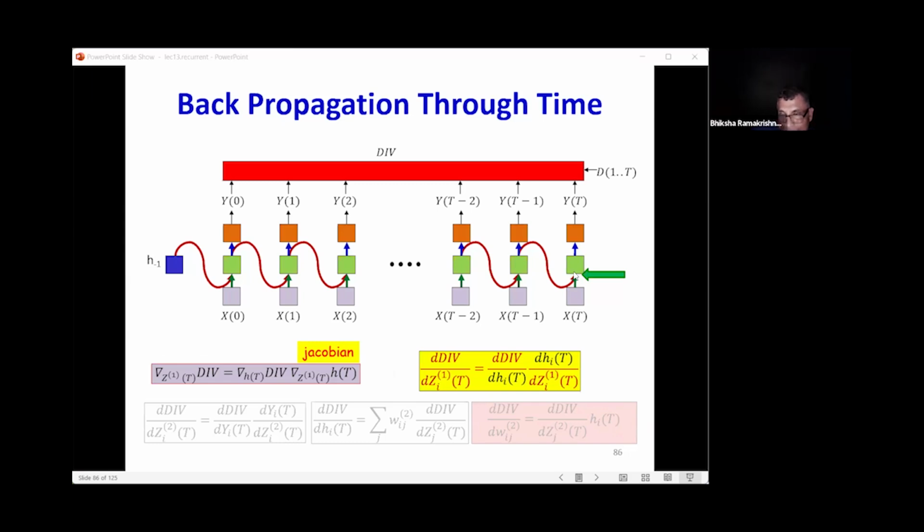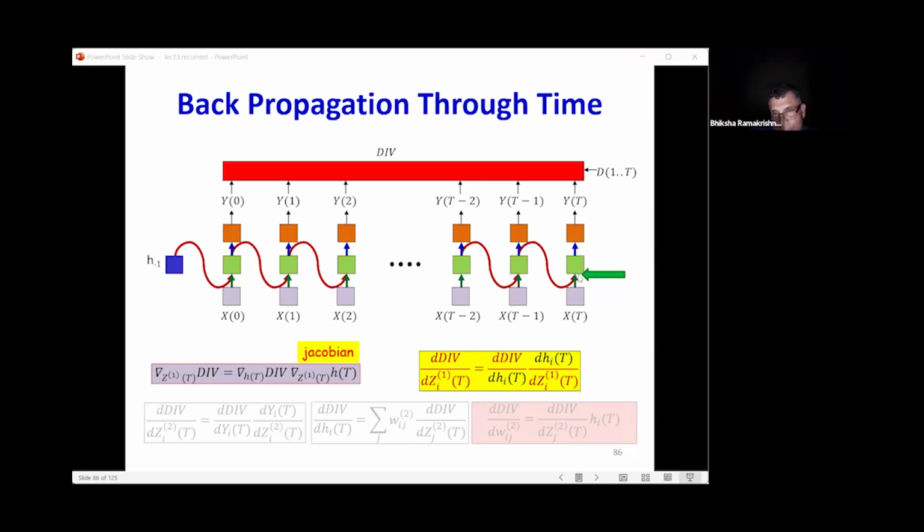And then what do I do next? I need the derivative with respect to these weights, right? And that is going to be, what would that be? Anyone? Just trying to jog your memory. Not that it's very important, but you've been through this a few times, homework 1 and so on.